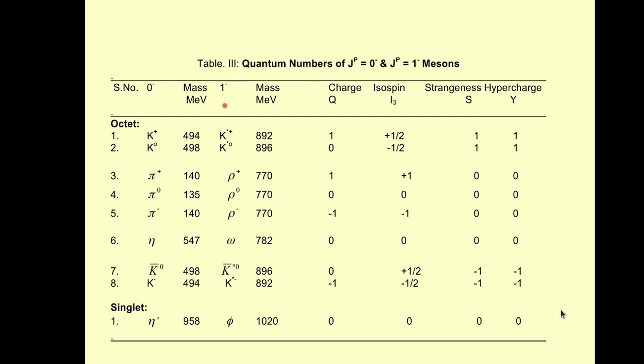Correspondingly, we have a vector meson family, that is spin 1 and parity minus. So we have the heavy partner of K plus, K star plus. Star is added just to remind us that they are quite similar to K, but still different. They are heavy and they carry different spin. But their internal quantum numbers like charge, isospin, strangeness, they share with K plus. In fact, this will happen in all the meson families.